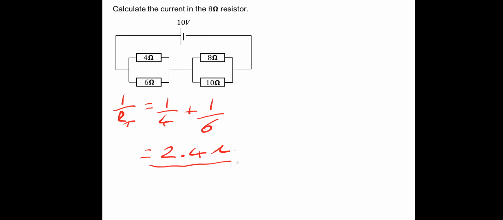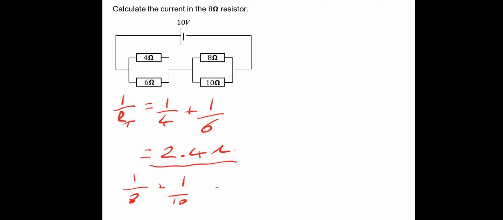We've got 2 sets of parallel resistors. So let's deal with the first one. So the first one, 1 over RT, is 1 over 4 plus 1 over 6, and then the reciprocal. So the reciprocal of that is 2.4 ohms. Then let's do the next combination, the 1 over 8 plus the 1 over 10.